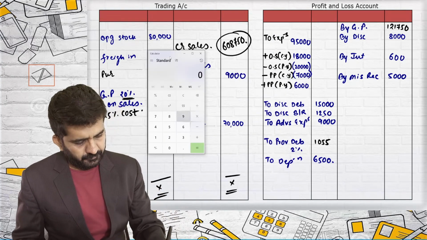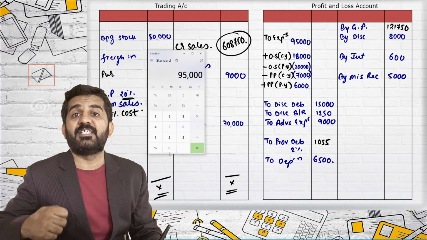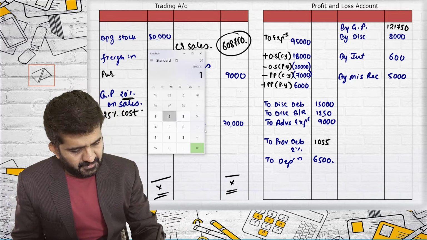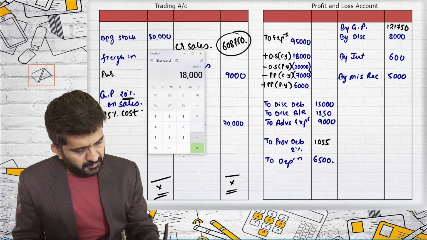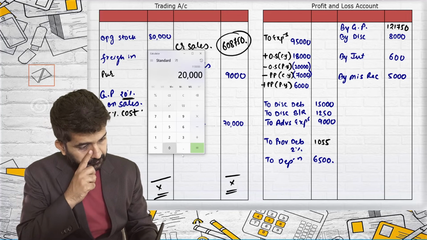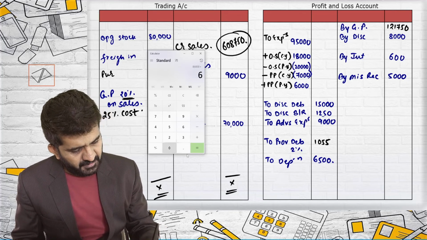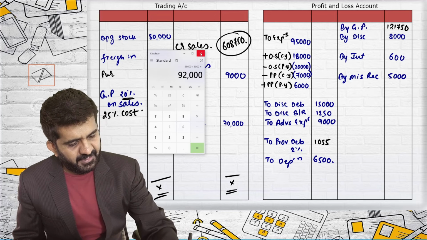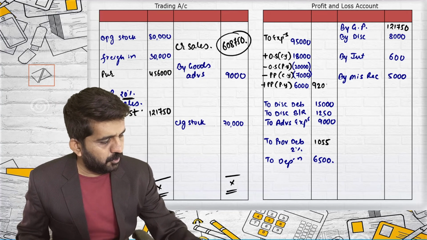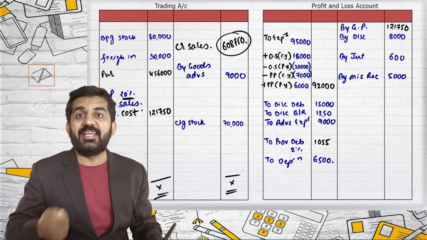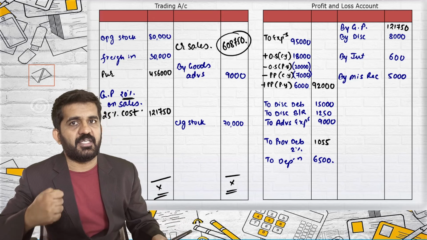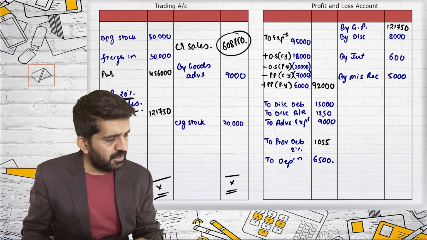95,000 is expenses paid plus 18,000 minus 20,000 minus 7,000 plus 6,000 will be 92,000. 92,000 is nothing but expenses incurred. As it is the P&L account, expenses incurred is more important than expenses paid.